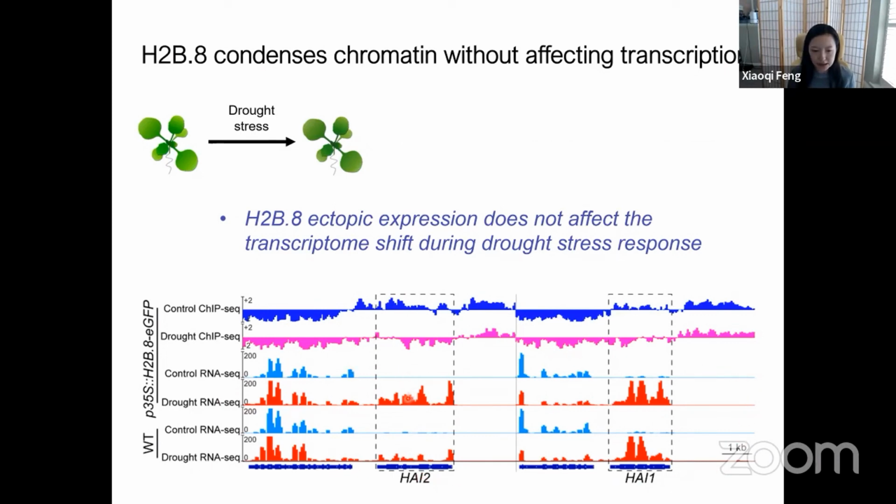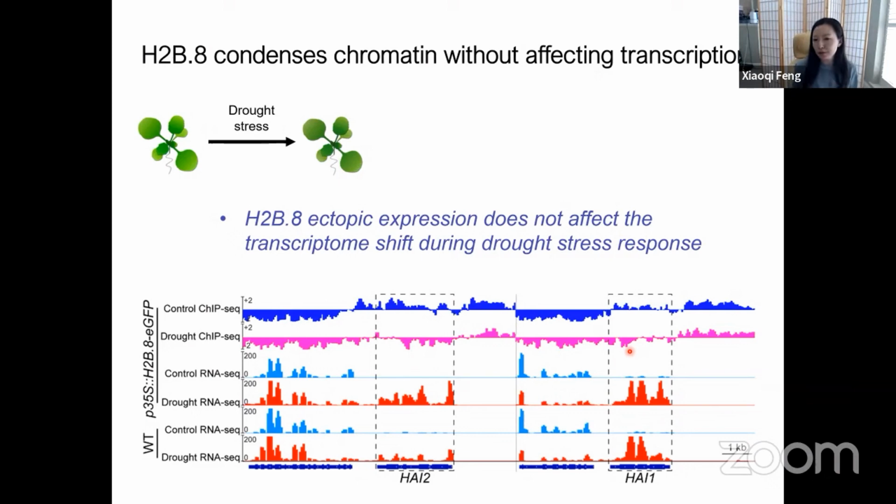You can see these genes are induced upon drought stress in the H2B.8 ectopic expression line as they are in the wild type. And on the top, the ChIP-seq shows nicely that the H2B.8 deposited at these genes is evicted upon drought stress. So our data demonstrate that H2B.8 does not have an adverse effect on transcription.